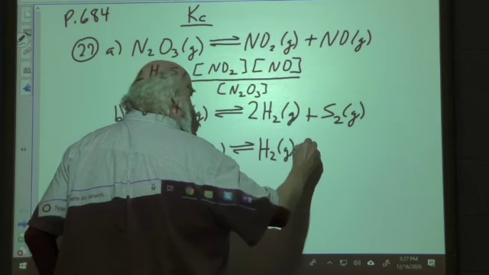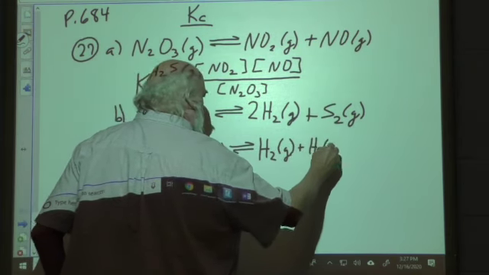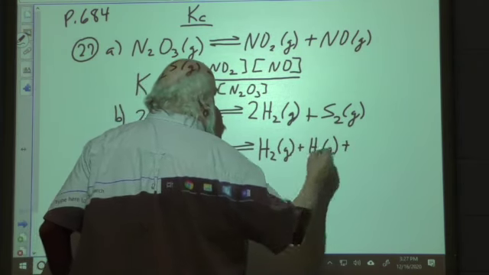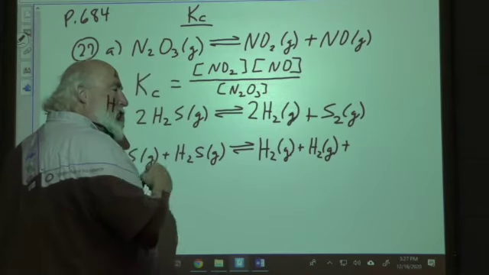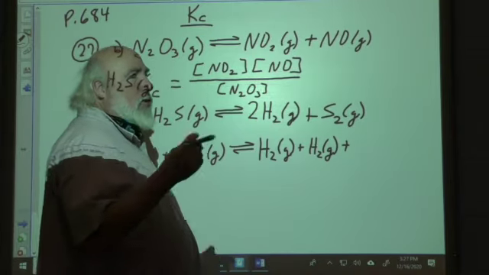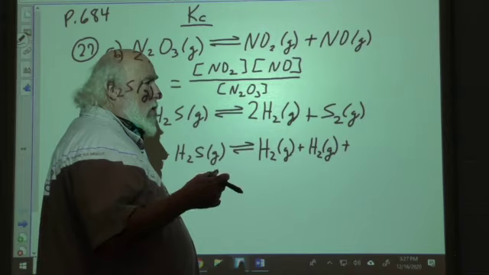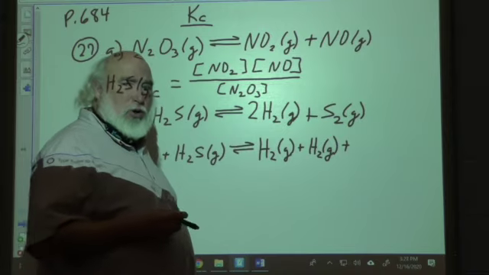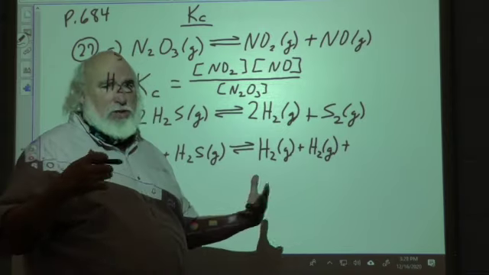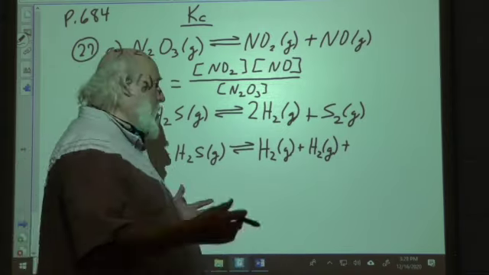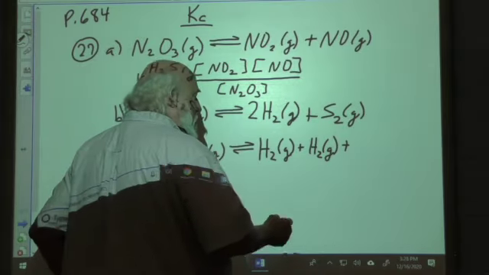But anyway, we have two hydrogens here, so we got hydrogen gas plus hydrogen gas. And then sulfur, you're going, wait a minute, you never told us that sulfur is diatomic, and that's correct. There are certain temperatures where sulfur creates what we call allotropes, and it's different shapes according to temperature. And sometimes it is diatomic, not very often. It's at a distinctive range of temperatures where this occurs.